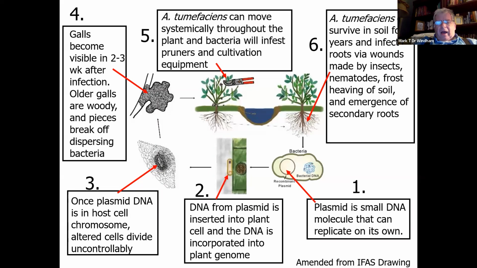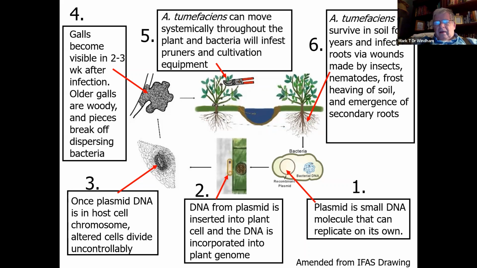If we go in and try to isolate from galls, young galls, we can isolate the bacterium readily. Older galls, it's much harder, but that doesn't mean there's not bacterium there. Now, not all plants infected with Agrobacterium will have the bacterium go systemic, but rose is one of the few that is true.